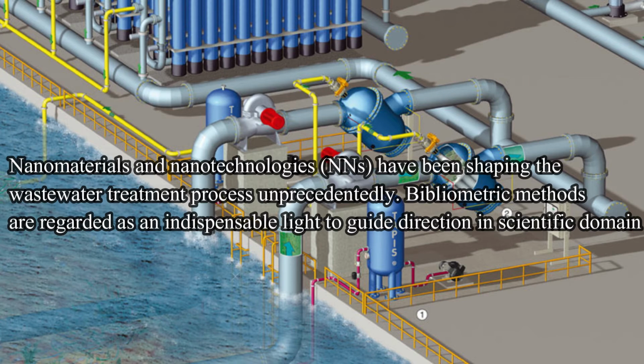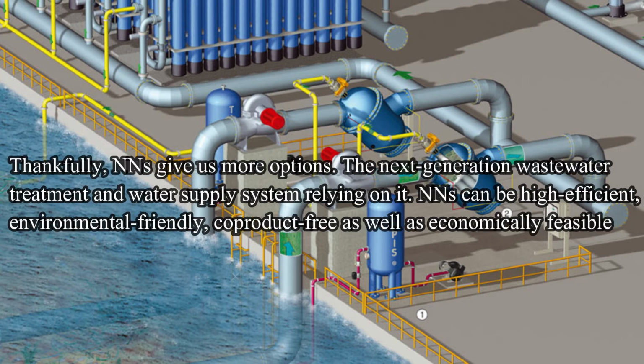Bibliometric methods are regarded as an indispensable light to guide direction in the scientific domain. Thankfully, nanomaterials and nanotechnologies give us more options. The next generation wastewater treatment and water supply system relies on it. It can be highly efficient, environmentally friendly, co-product free, and also economically feasible.